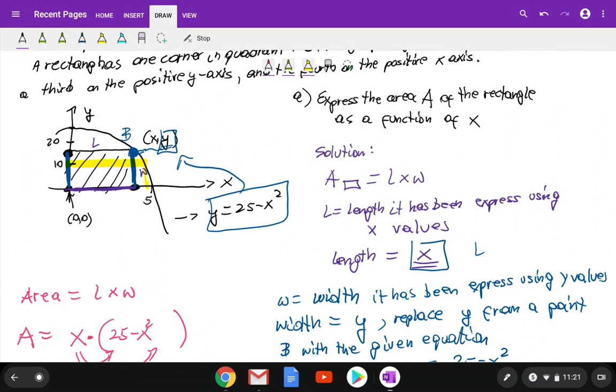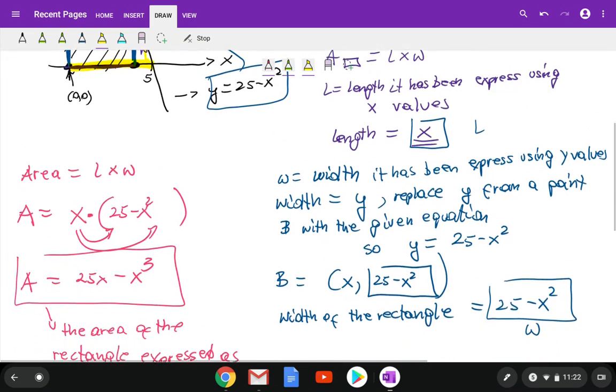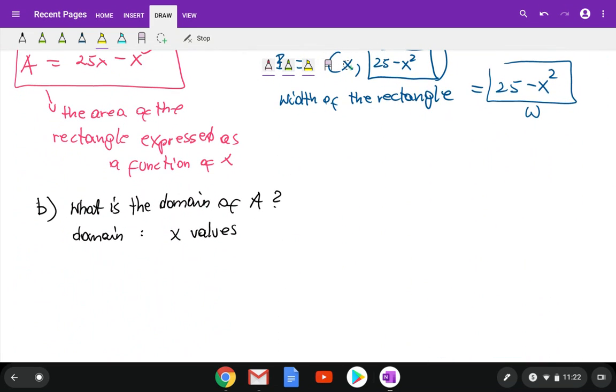Here, this is our domain based on the x values, and the graph gave you that point right here. So our x values are from here to here. So the domain will be from 0 to 5. That's the domain.